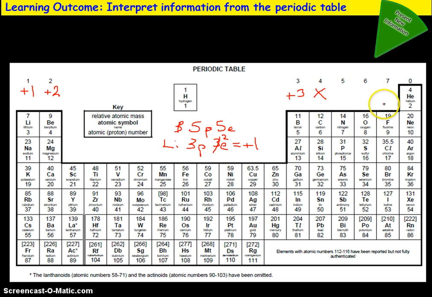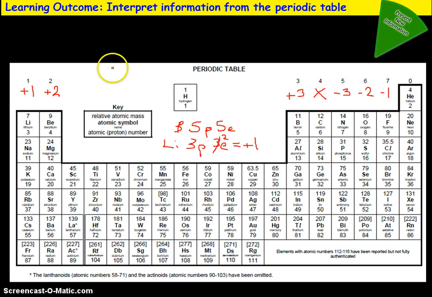And then at this end, rather than lose electrons, it's easier for these elements to gain electrons. So nitrogen can gain 3 electrons and form a -3 charge. Oxygen can form -2, fluorine -1, and this group here is 0 because it won't form any ions again.